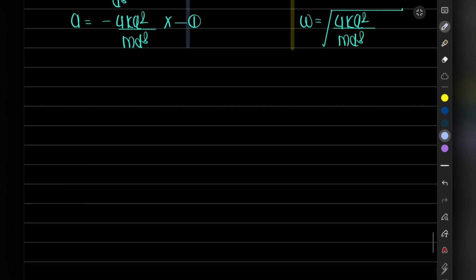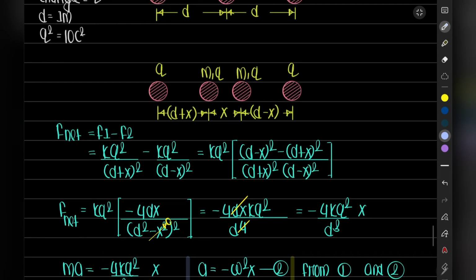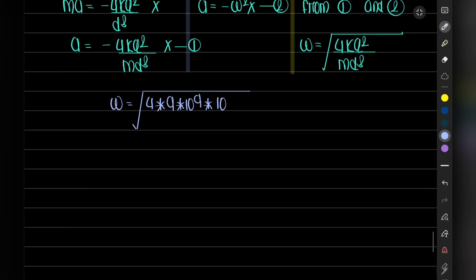We will have omega equals to under root of 4, value of K is 9 into 10 to the power 9, value of q square they have given in the question which is 10, divided by mass, 1 mg, which will be 10 to the power minus 6 kilogram, and d is 1 meter, its cube will be 1.